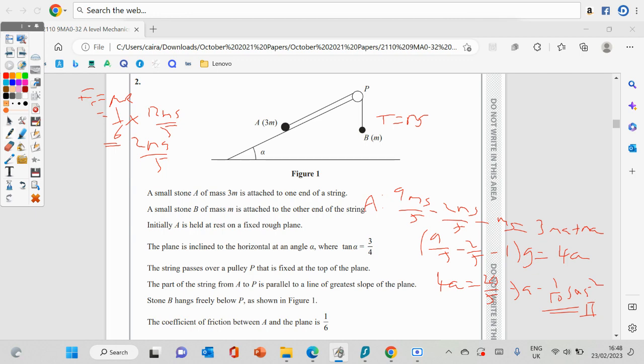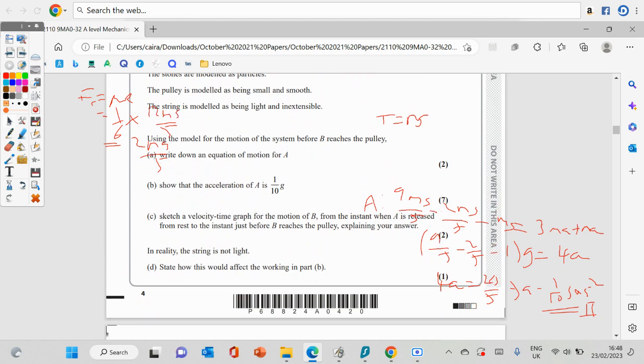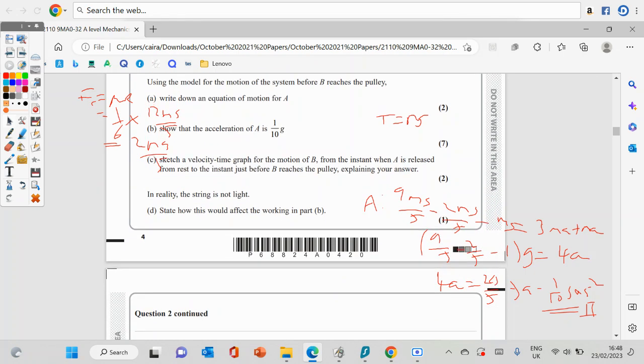So hopefully this is not too bad. Let's look at the last bit. Sketch the velocity time graph for the motion of B from the instant when A is released from rest to the instant just before B reaches the pulley, explaining your answer.